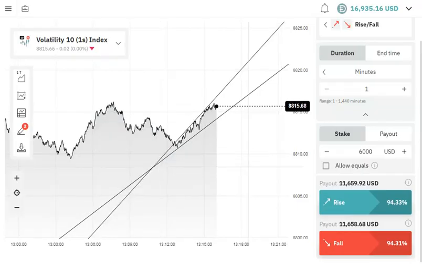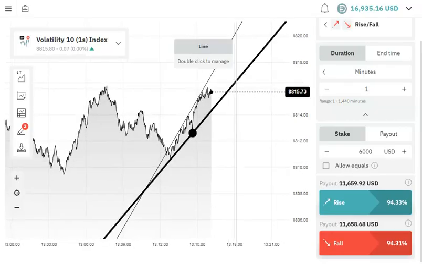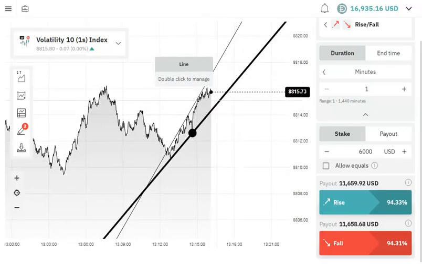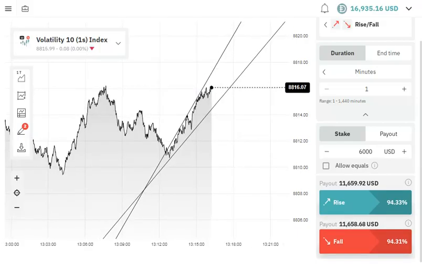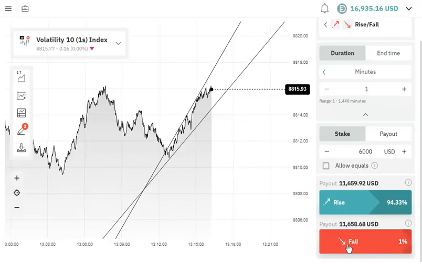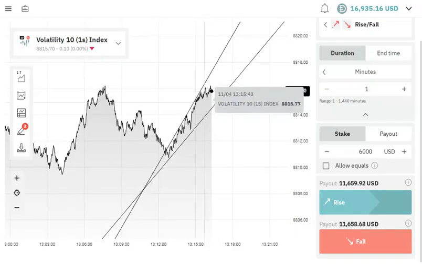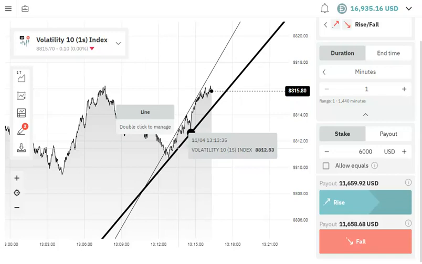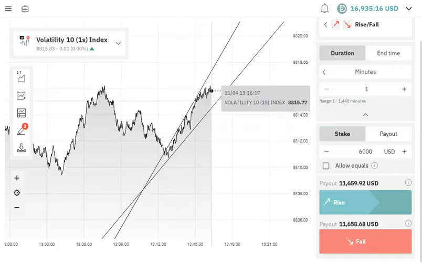So for this pair, because it has hit here, I'm trading support and resistance. I want to sell, and this is where my stop loss will be. My take profit will be on this line. I'm going to invest 6,000 US dollars on this one because I already gave my trade a resistance area.